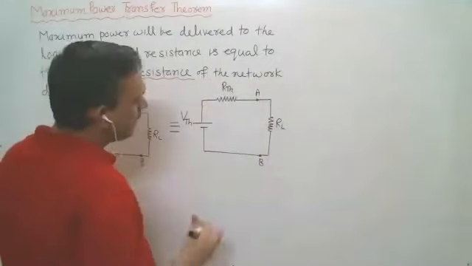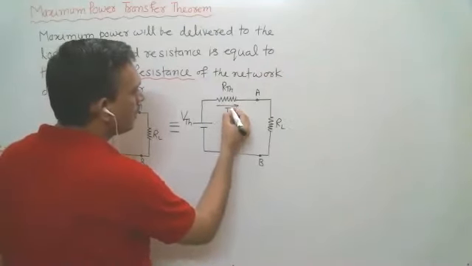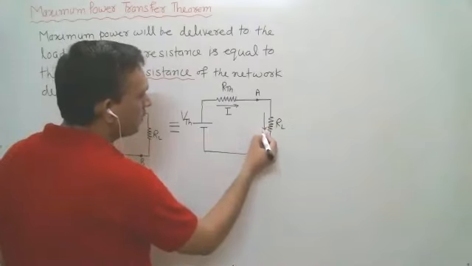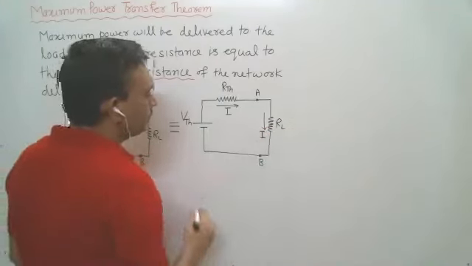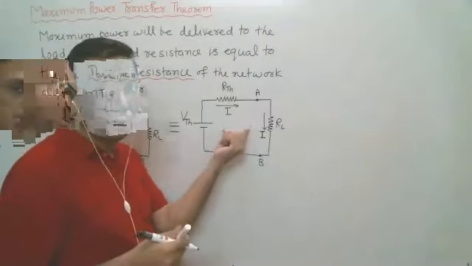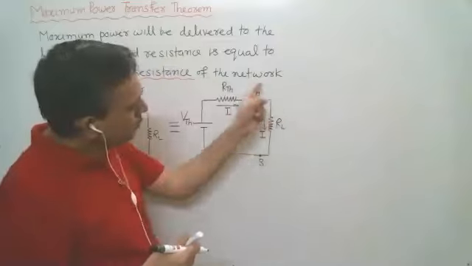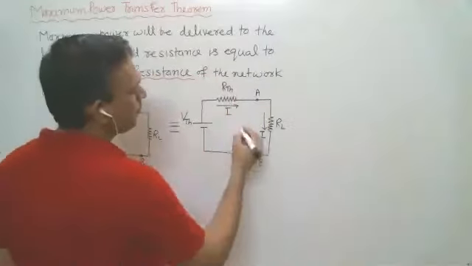So how to find that condition? Assume current I is flowing in this loop. Now we have converted this linear network into a single loop. So what will be the current across the RL?